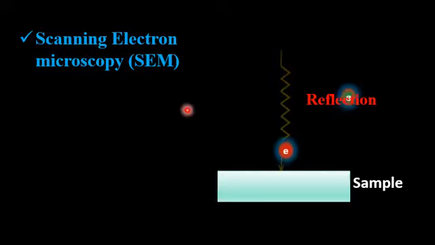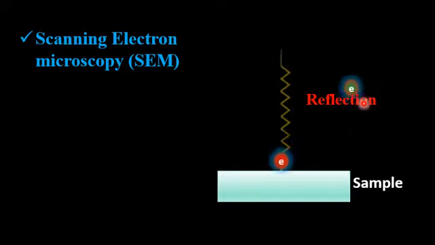Secondary electron emissions are generated due to the incidence of a beam of highly energetic electrons, which causes reflection of secondary electrons from the target surface.